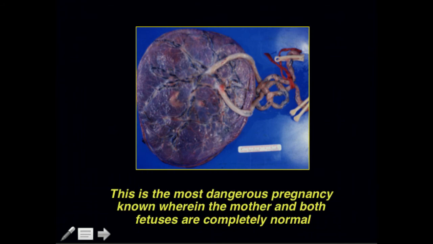This makes this the most dangerous pregnancy known, wherein you have a mother who is perfectly healthy and two perfectly healthy fetuses, and then all of a sudden they're both dead.